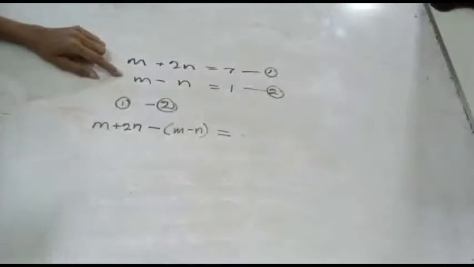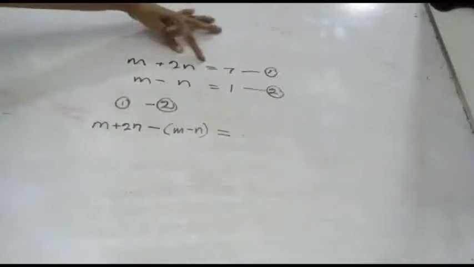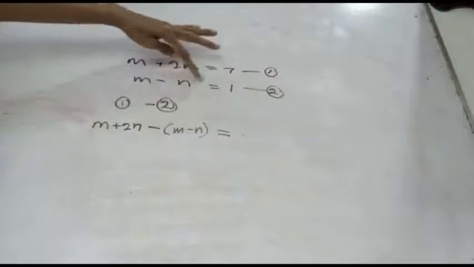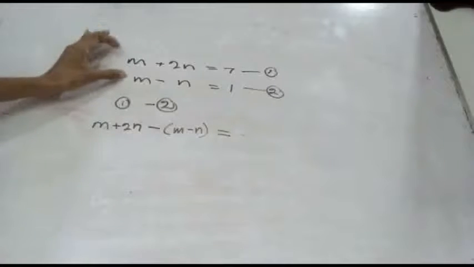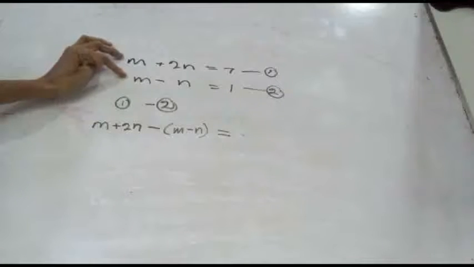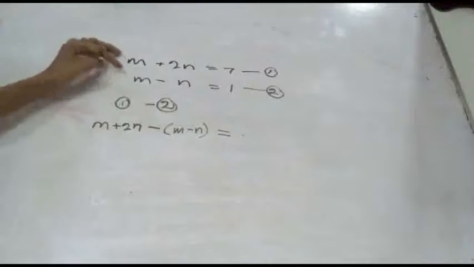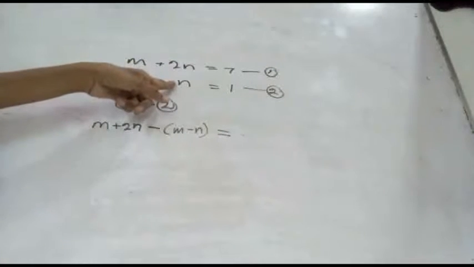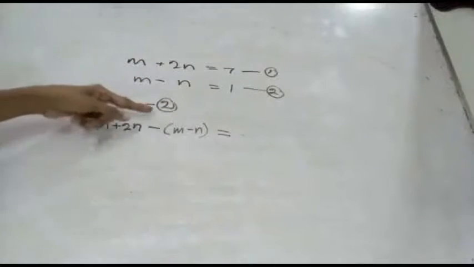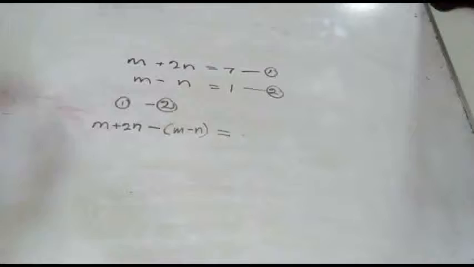The first equation is m plus 2n equal to 7, and the second is m subtract n equal to 1. The coefficients of m are positive 1, the coefficient of n is positive 2 and here subtract positive 1.